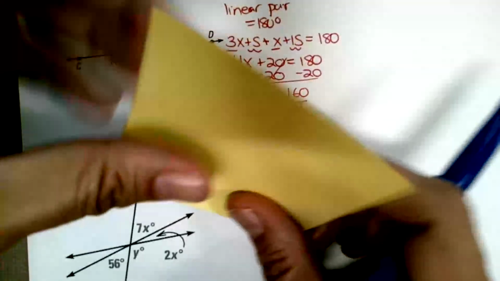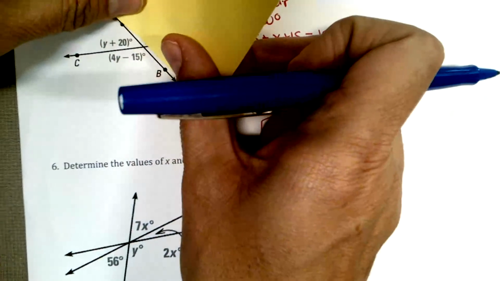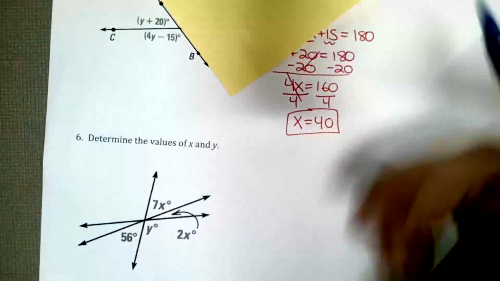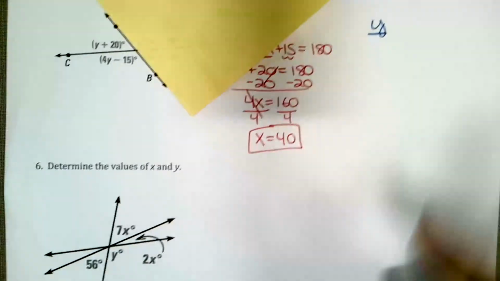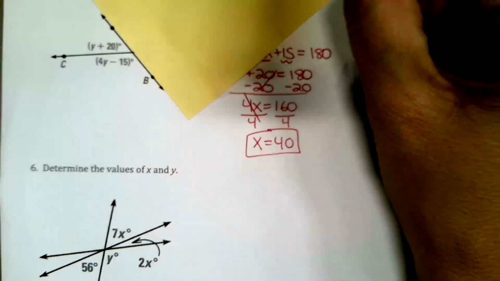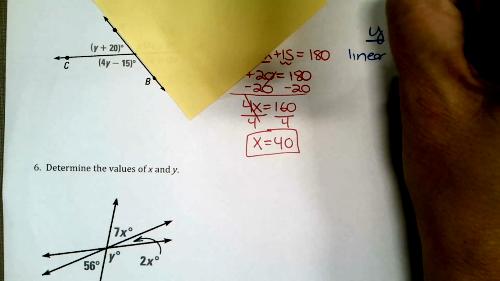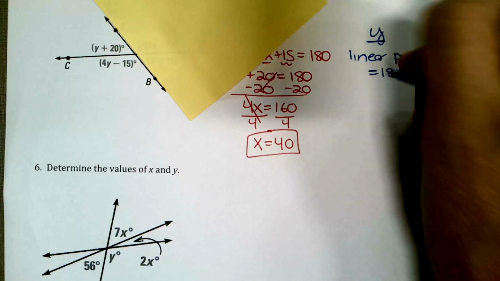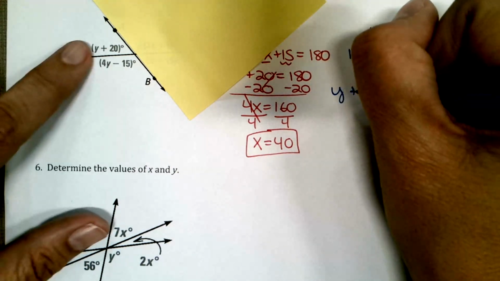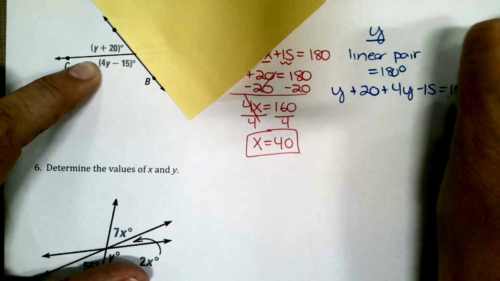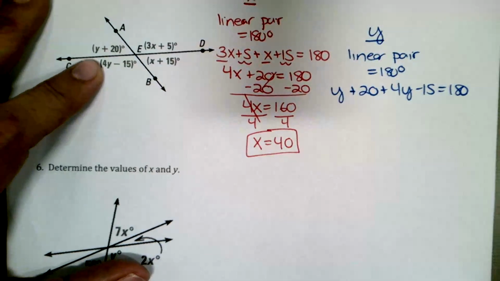Okay, then if we look at where the y's are, now we're covering up this half of the problem. Well, I have two angles that make a straight line. So I again have a linear pair, and these are going to have to add up to 180 degrees. So y plus 20 plus 4y minus 15 equals 180.